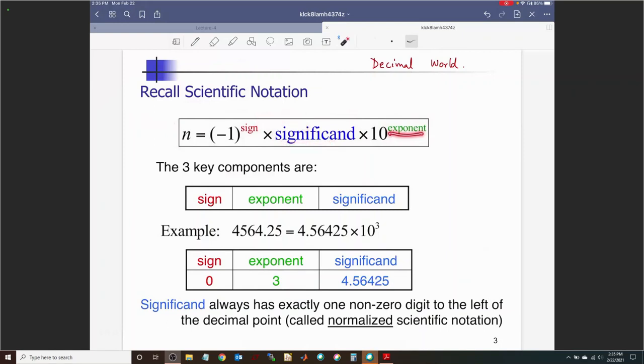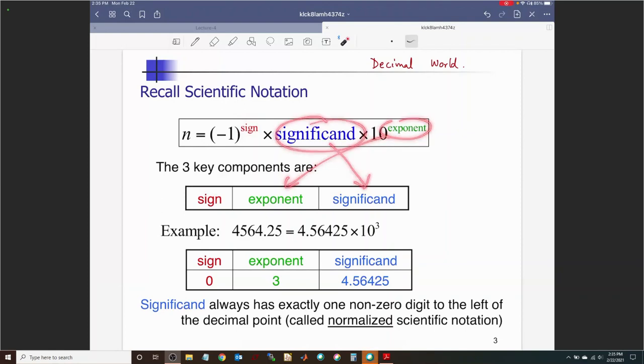And if you have a greater than 0 exponent, that essentially means that to get to the actual number, you would take the decimal point in the significant and move it to the right by those many places. So this scientific notation has 3 components. There is a sign, there is an exponent, and there is a significant.